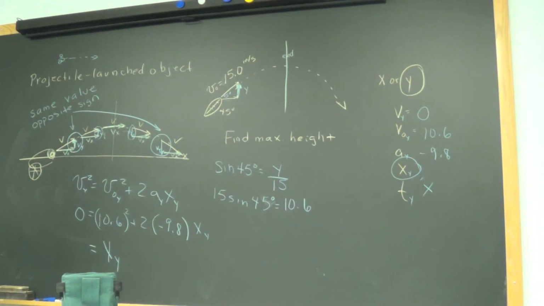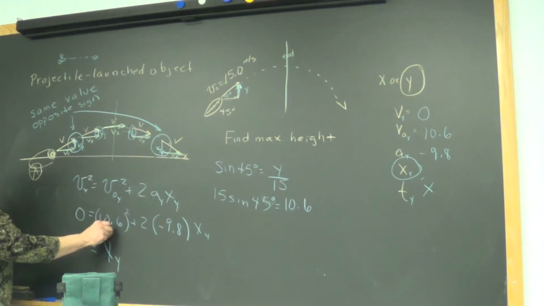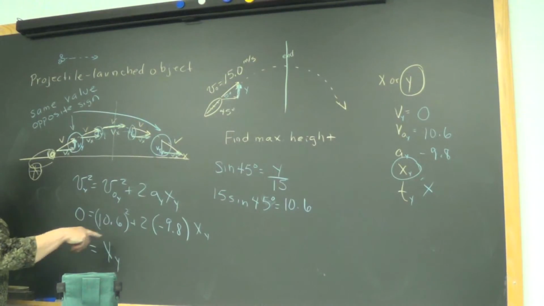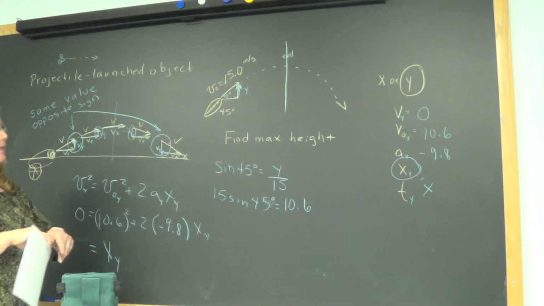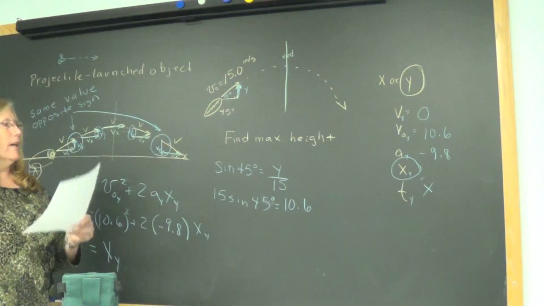Got an answer? What you got? 5.73. 5.73, anyone else? All right, if you did 2 sig figs before you crossed over and 2 sig figs here, it is 2 because of 45, or was it 45.0? No, it was 45.